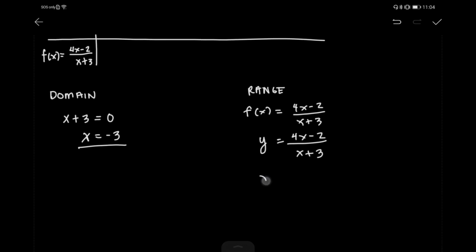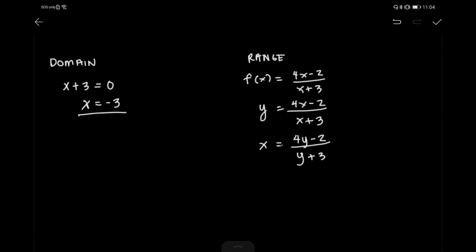So ang y magiging x is equal to 4y minus 2 all over y plus 3. Okay? Then, of course, cross-multiply natin. So, we have here xy plus 3x. Okay? Which is equal to 4y minus 2.